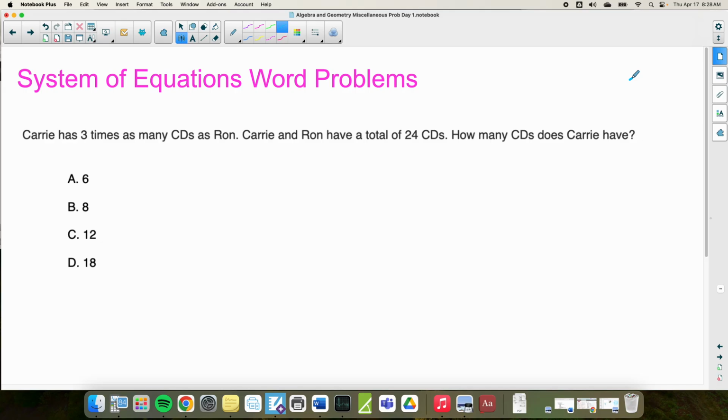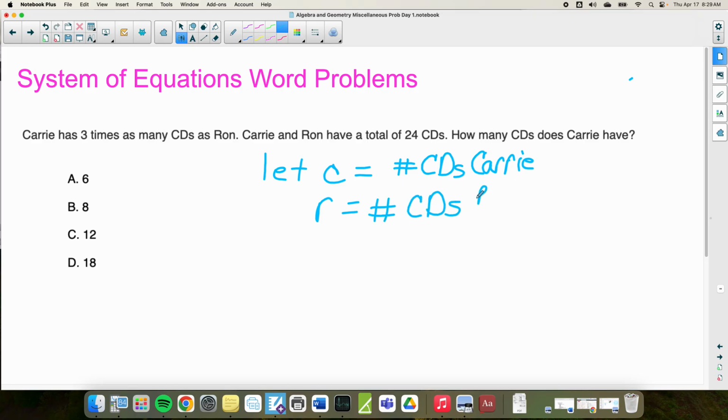Carrie and Ron have a total of 24 CDs. How many CDs does Carrie have? So here's how I would do this. I would let C equal the number of CDs that Carrie has. Okay. Then I would let R be the number of CDs that Ron has.